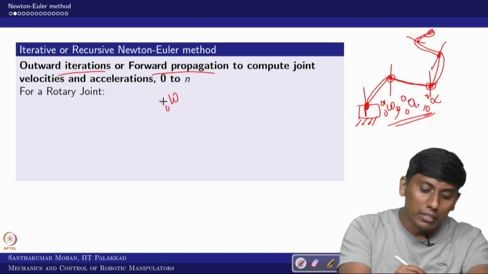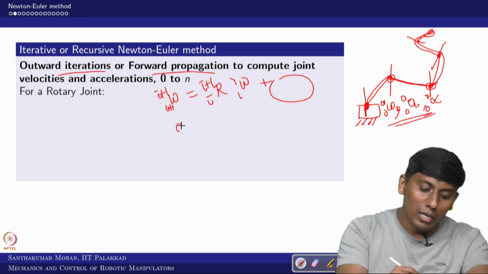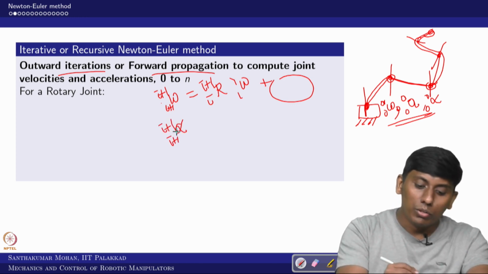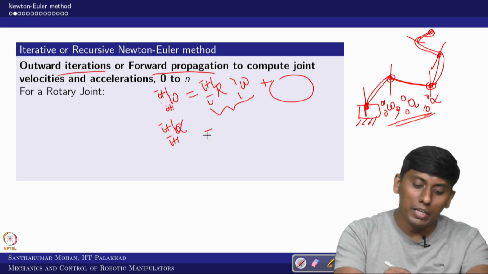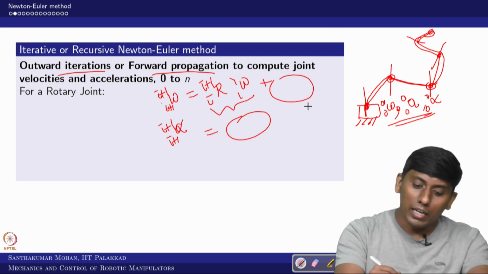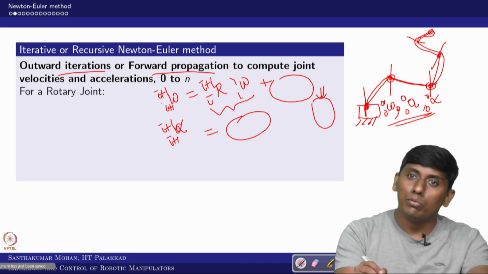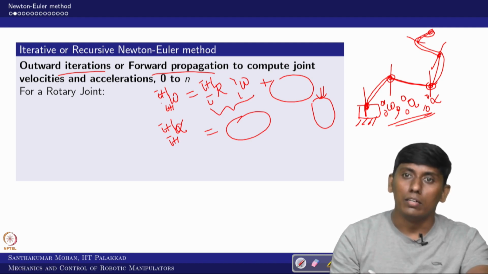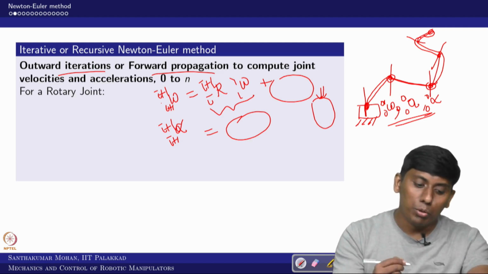Omega i plus 1 expressed in frame i plus 1 is, as we already know, R i plus 1 to i times omega i. If it is a rotary joint, the joint term is added; if it is a prismatic joint, not. Similarly, alpha can also be obtained. Here, what addition will be there? This is the angular velocity. In the same way, the angular acceleration component of the previous joint would be there. Further, the current active joint angular velocity interacts with the previous joint angular velocity, because it is the same part of the link. That gives a gyroscopic effect, which would be added.